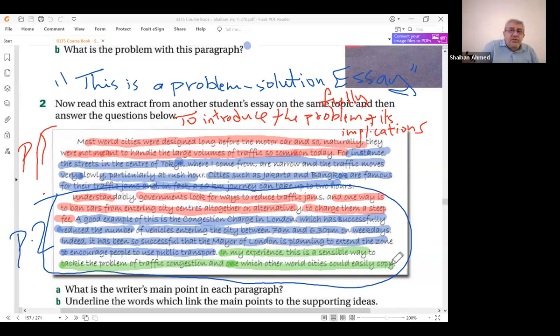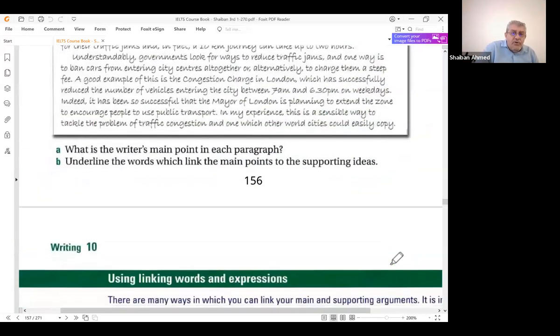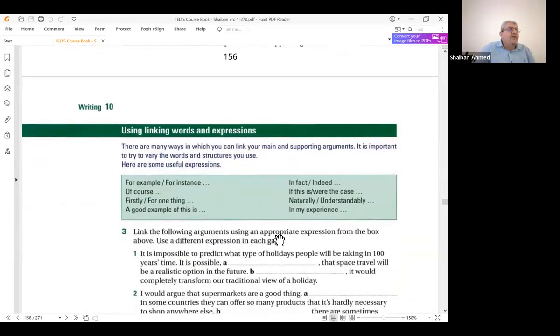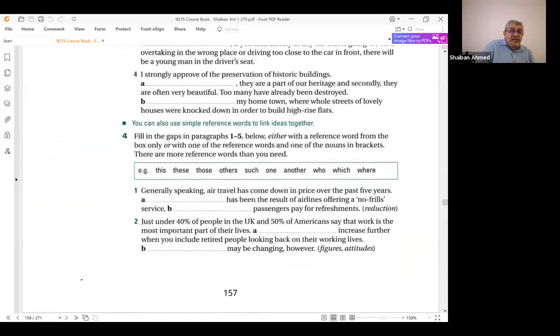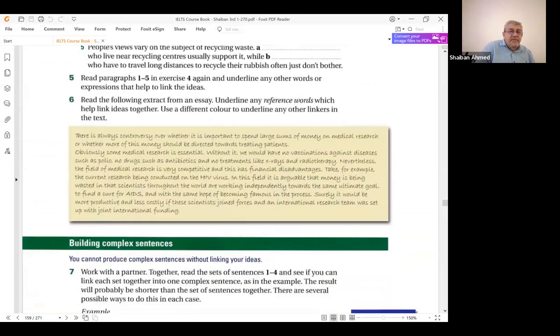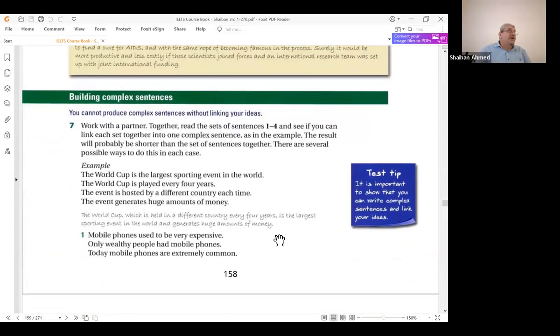Anyway, I just want to say something about tomorrow, inshallah. I'm going to finish the technical points, how to make these ideas even clearer by using linking, by using referencing, the reference words we mentioned, how to make your idea more powerful by linkage, referencing, and we have complex structure, meaning how to build relative clauses.